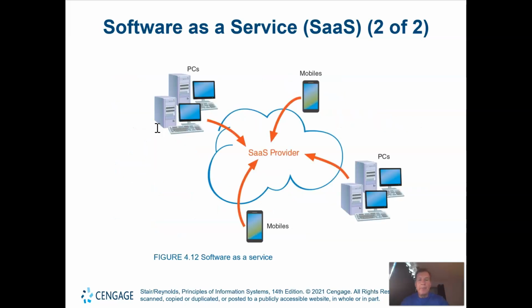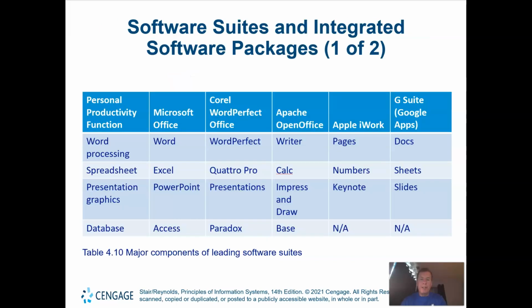Here is a picture of a SaaS provider. This would be me on my PC. It also has a Smartsheet app, and I can get to all my data, which is in the cloud, actually in Seattle at this SaaS provider. Pretty exciting capability to minimize costs.